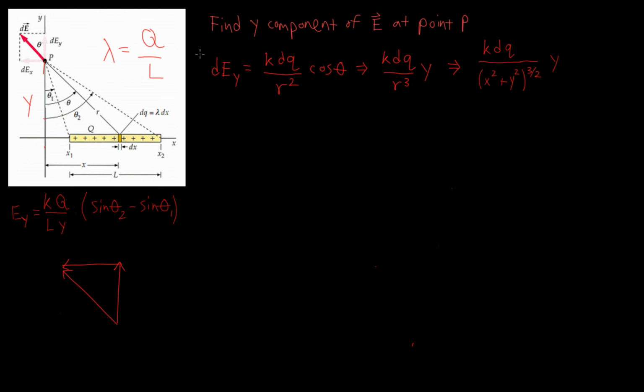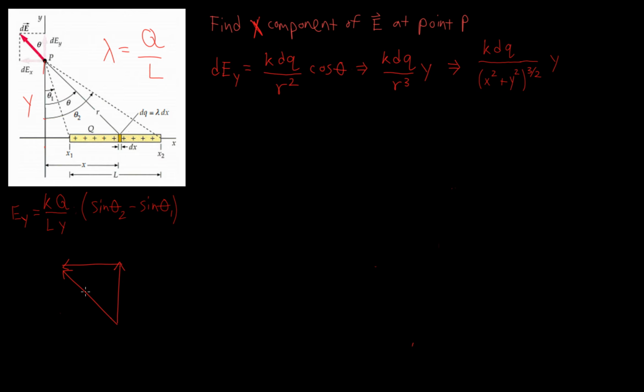So we found the electric field in the y direction, but what about the electric field in the x direction? So now we want to find not the y component, but the x component of the electric field at point P. And so over here, I redrew the triangle that corresponds to this triangle right here.